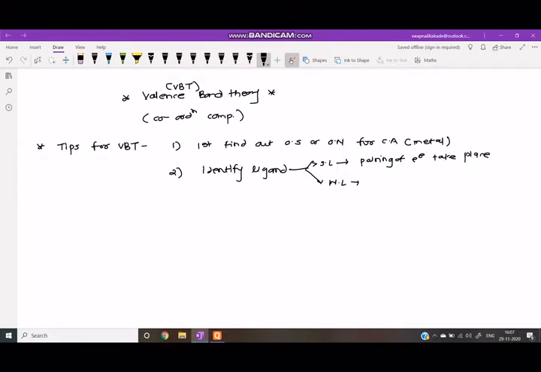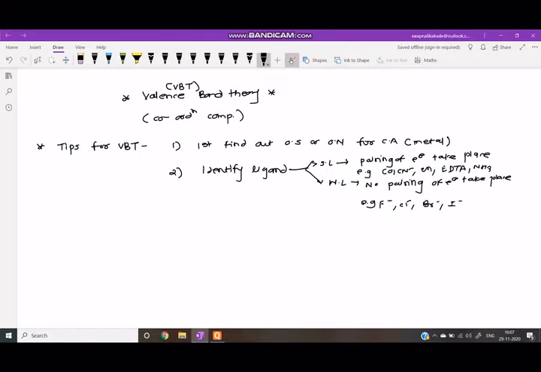If the ligand is weak field, then no pairing of electrons takes place. Examples of strong field ligands are CO, CN, ethylene diamine, EDTA, NH3. The weak field ligands are F minus, Cl minus, Br minus, I minus.